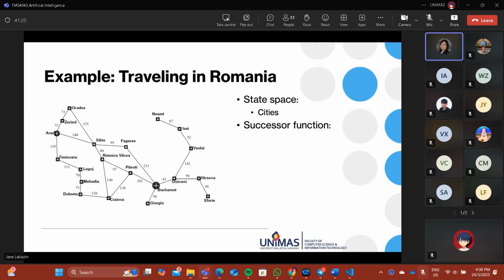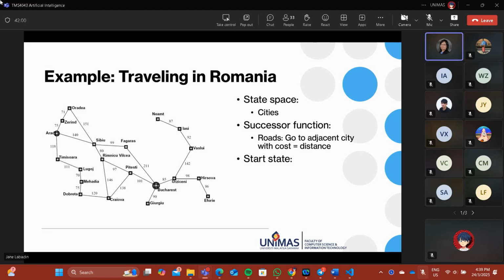If you want to arrive at Bucharest in a shorter time, that could be the cost of moving from where you are right now to the next one. So your successor function can be the adjacent city with cost, the distance. It's basically the roads that you have from where you are to the next one. That's your successor function.